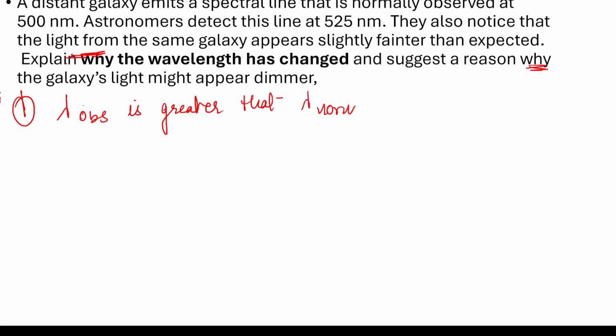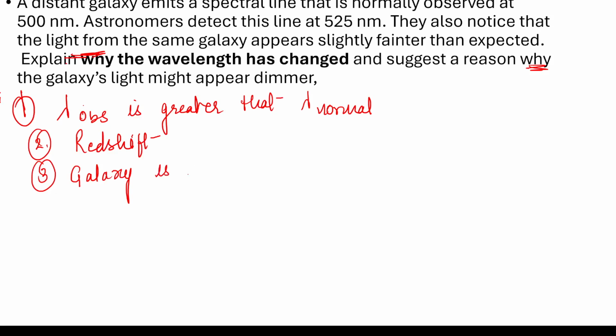You can write in words; I'm just writing to decrease your screen time. So the observed wavelength has increased. That means it's redshifted. What does redshift mean? It means the galaxy is receding away from Earth.